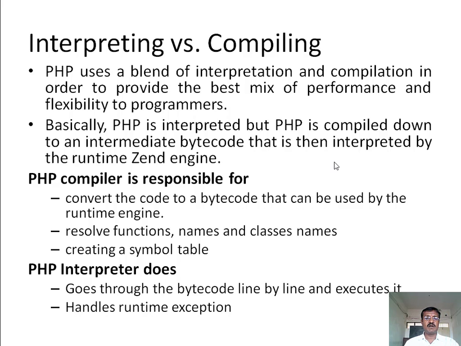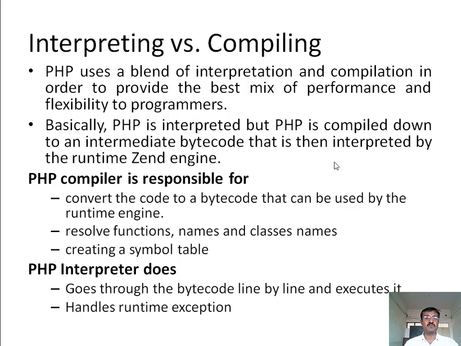Let us see what the compiler is responsible for and what the interpreter will do. The compiler will convert the code to an intermediate bytecode that can be used by the runtime engine, that is the runtime Zend engine. The compiler resolves function names and class names, and it is responsible for creating a symbol table.